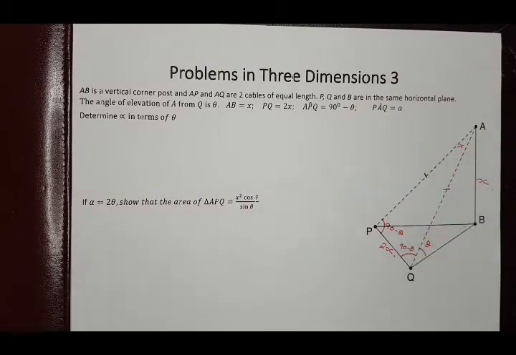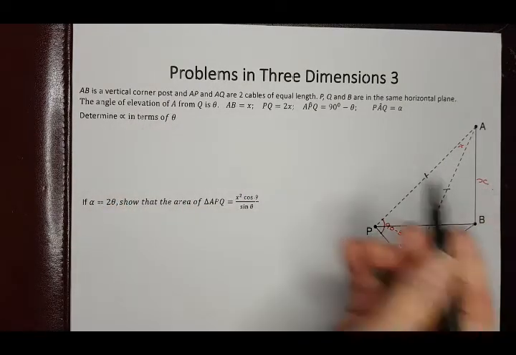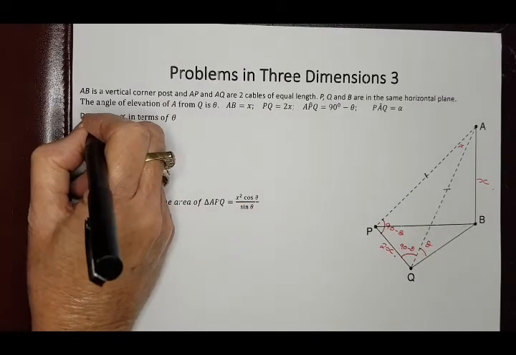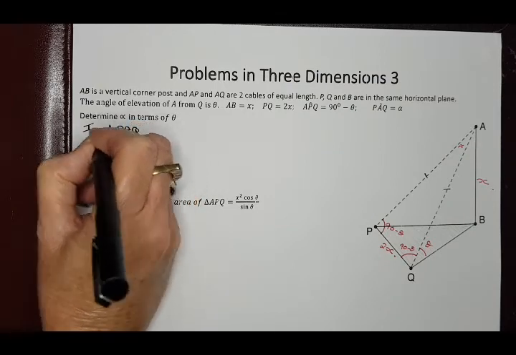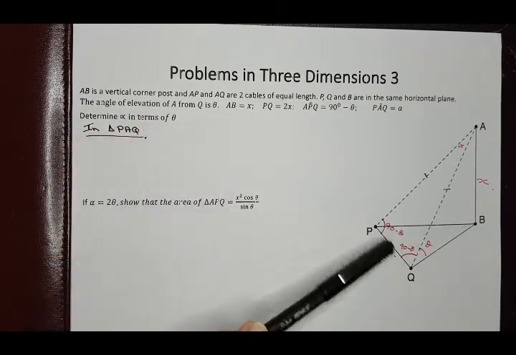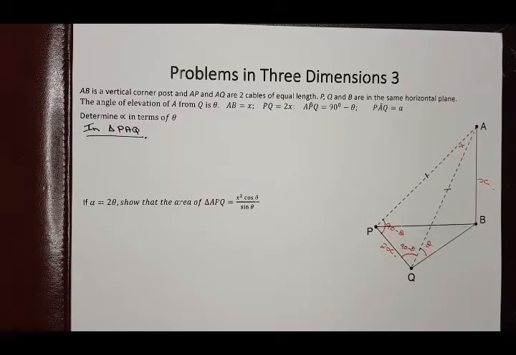PAQ is equal to alpha. Right, so the first thing we want to do is to look at triangle PAQ. Because it's an isosceles triangle, both of those angles there are 90 minus theta.